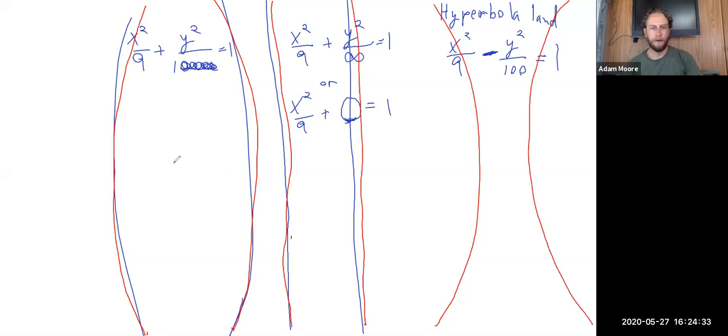So we've gone from curvy inny to straight to curvy outy. That's what's going on when you put a negative on either the x part or the y part of one of these ellipses. It becomes such an extreme ellipse that it's actually curving out instead of in.